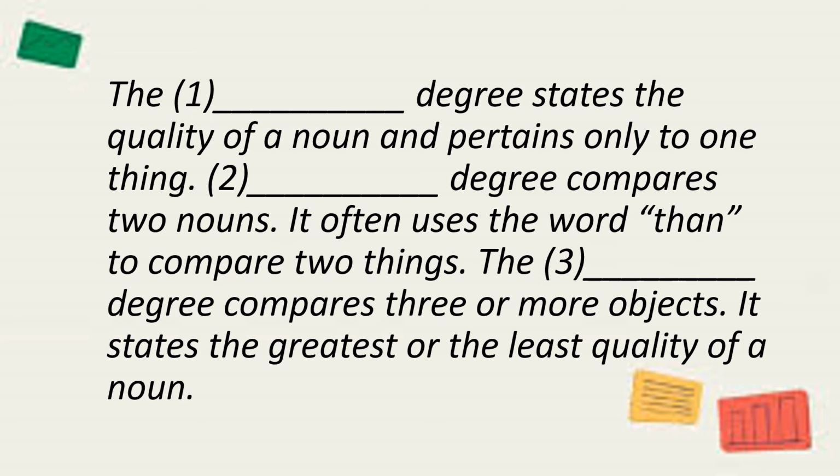It states the greatest or the least quality of a noun. Let's answer. Number 1: positive degree.